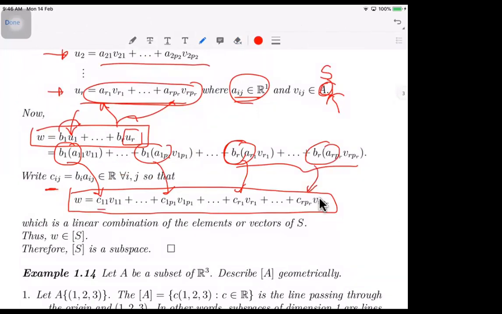Now, the c's are also scalars. So this means W is a linear combination of the original v with some scalars, that is, a linear combination of the vectors in S. So W is in the span of S. So the span of S is a subspace.